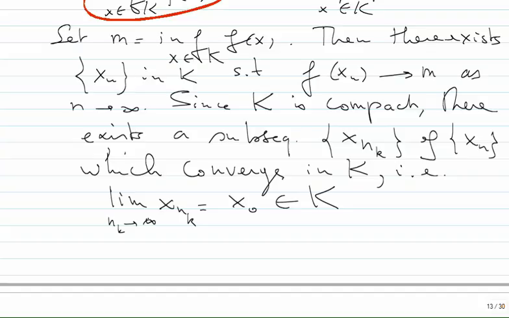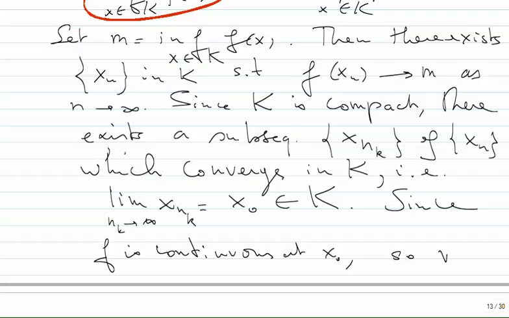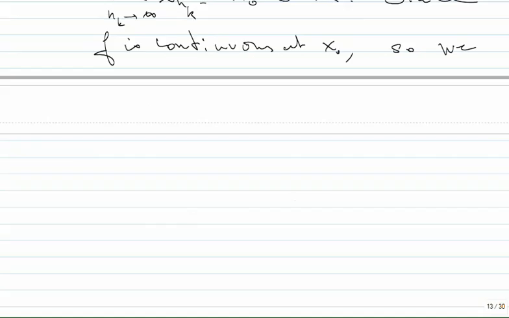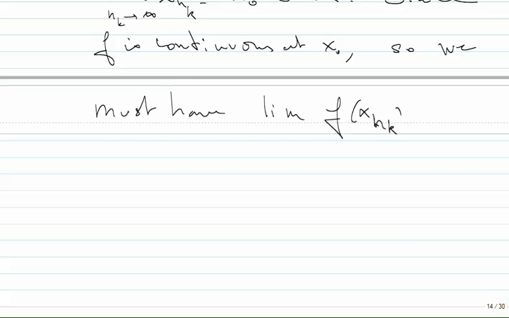Okay? So since f is continuous everywhere, it is also continuous at x0. So we must have the limit of f of x_{n_k} equal to f of x0 when n_k goes to infinity.